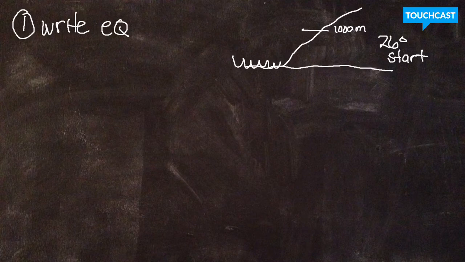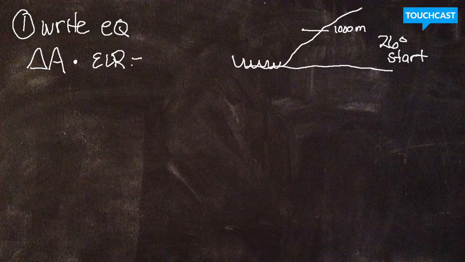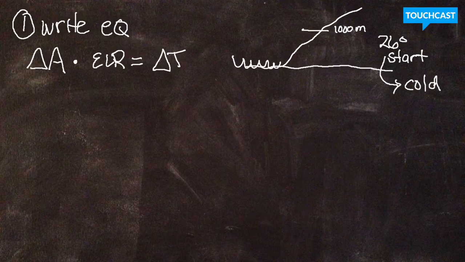From the previous thing, we have the change in altitude times the environmental lapse rate equals the change in temperature. Well, if we started at 26 degrees on the Celsius scale, that's pretty cold. Remember that 0 is freezing and 100 is boiling. So cold means dry.